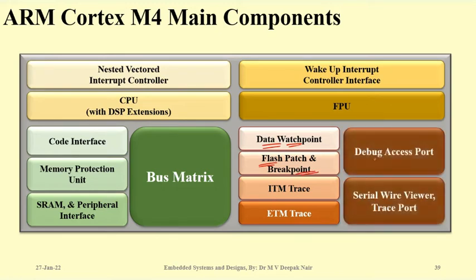And there are many other facilities like debugging the microcontroller and serial wire communication and all those stuff. That means you can even check what data is being transmitted or received. So there are many such facilities available with the ARM Cortex M4. These are the important blocks of any ARM Cortex M4.